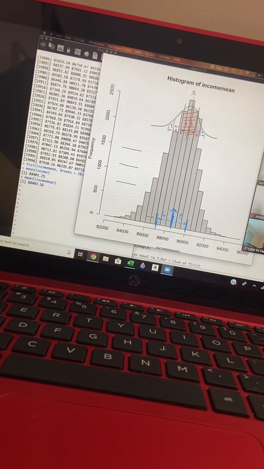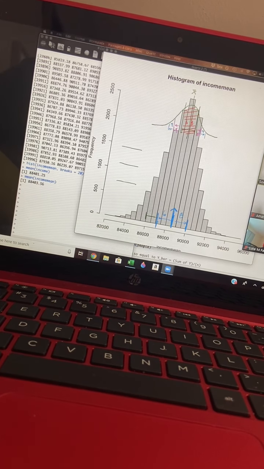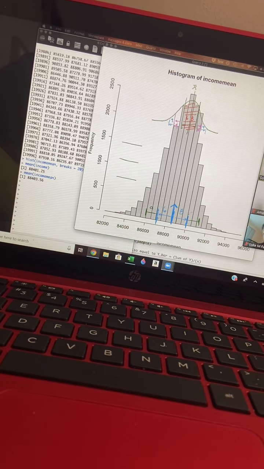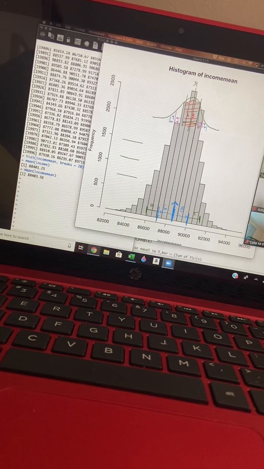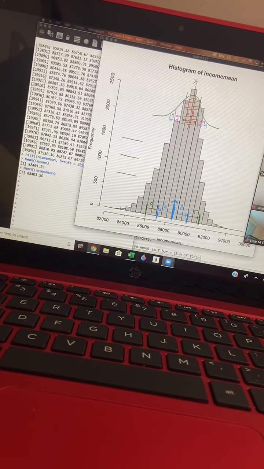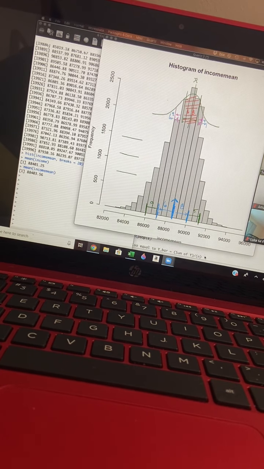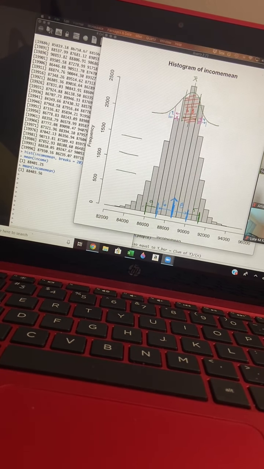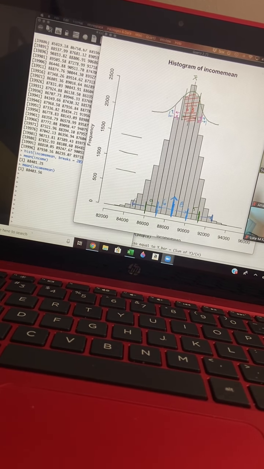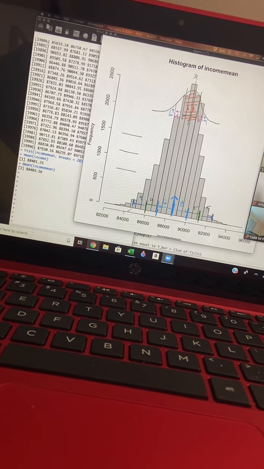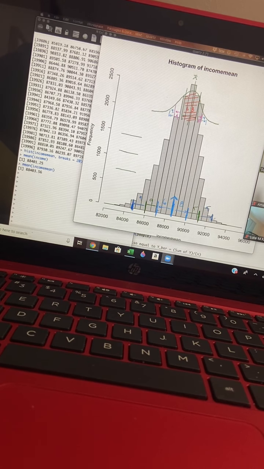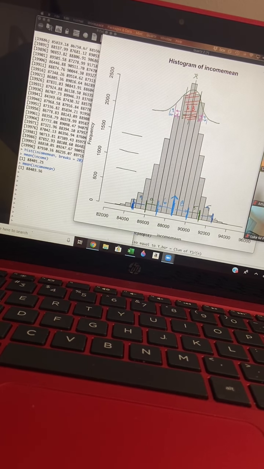I could go 2 standard deviations in each direction and say, because that's 95, I'm 95% sure that the true population average income is between $86,000 and $91,000. Or I could go 3 standard deviations in each direction and say, I'm 99% sure that the true population average income is between $85,000 and $93,000.